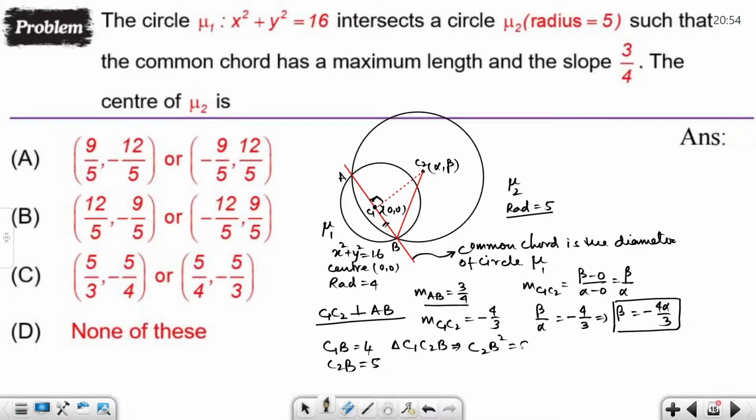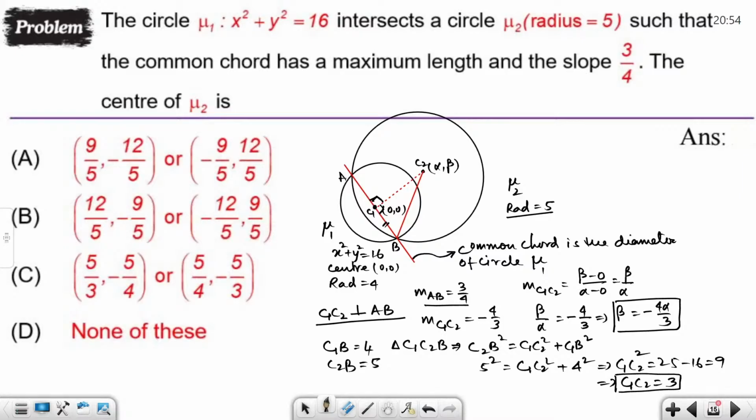C2B square is C1C2 square plus C1B square, right? C2B square is 5 square. C1C2 I don't know. And C1B is basically 4 square. So that gives us C1C2 square is 25 minus 16, that is 9. That implies C1C2 is 3.